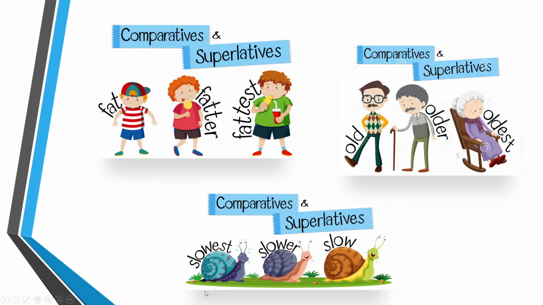And last one, here we have slow, slower, slowest. Siput hijau ni dah slow dah, tapi siput pink ni lagi slow daripada siput hijau. Dan yang paling slow adalah siput yang warna grey ni. Okay, so the grey snail is the slowest of the three. So kita membandingkan.